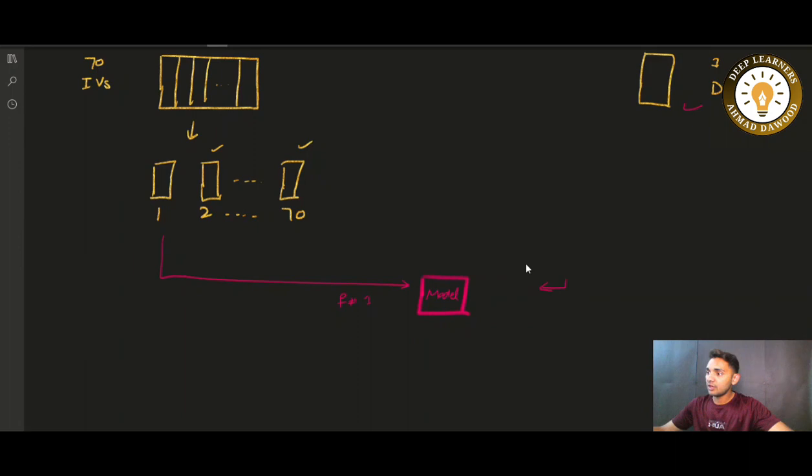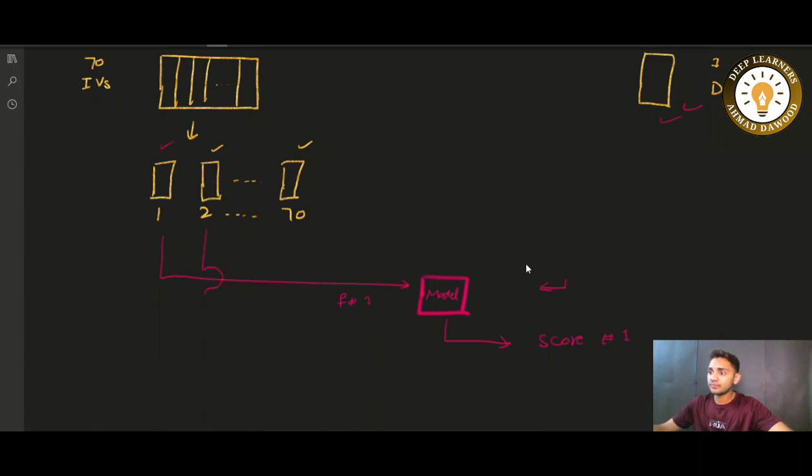This model will give you some score, which you can say is score number one. So you feed feature number one and the dependent variable, just one independent variable, and it will give you some score.